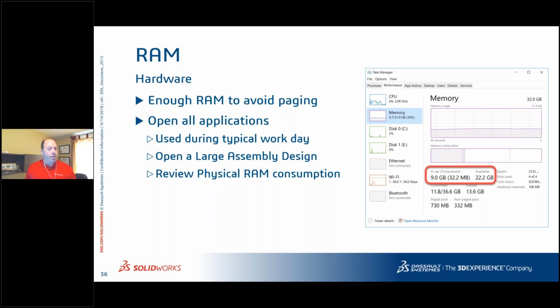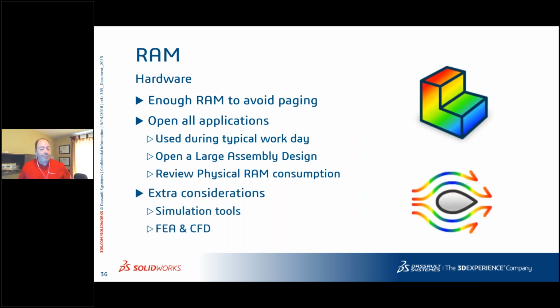Now, a couple of considerations if you're using simulation tools like FEA or CFD, fluid dynamics or simulation analysis. Those applications tend to use a lot of memory. They can be memory hogs. So I do have a lot of RAM on my system. You saw 32 gigs. But if I'm running a complicated simulation, I'm going to need that memory, right?